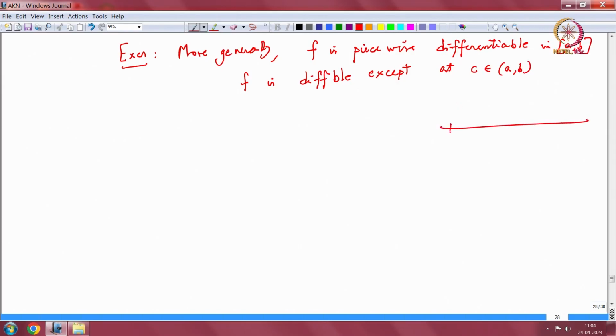So, I am looking, A is here, B is here, so C is here. I have a nice function here, and it may be continuous, it may be discontinuous. So, f is differentiable except at the point C, and f prime is locally integrable in (A, B). So, f prime also defines a distribution.